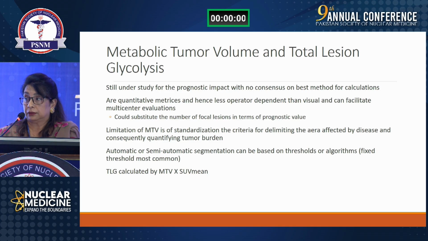But as we were discussing at the beginning of the session, it's all about artificial intelligence and radiomics. And of course, even at our center, we are studying the metabolic tumor volumes in the pediatric population, and we hope to report those findings.